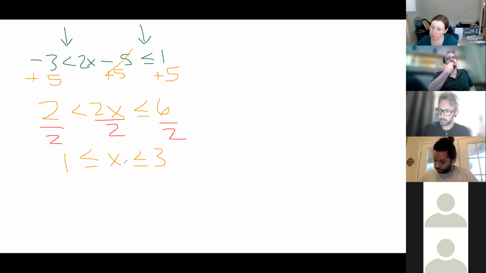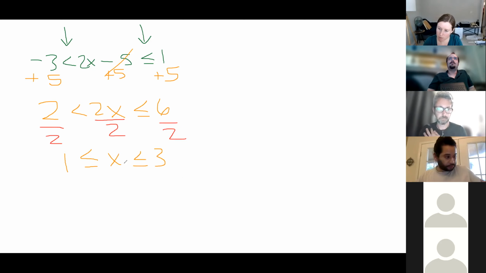X is in the middle. We graph it, we shade, we write the interval. Do you think you can do it from there based on what we did? Michael? Yeah. Trying to pull up a similar problem. Oh, okay.